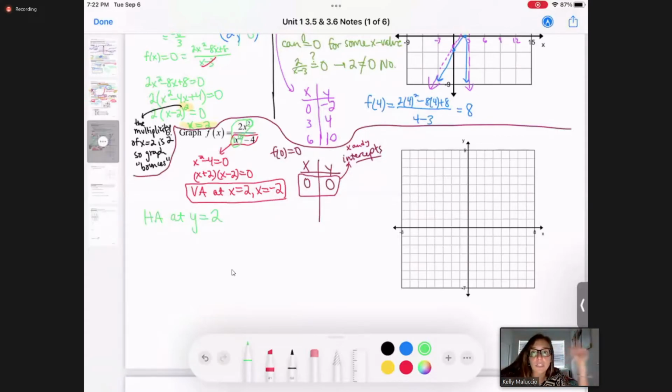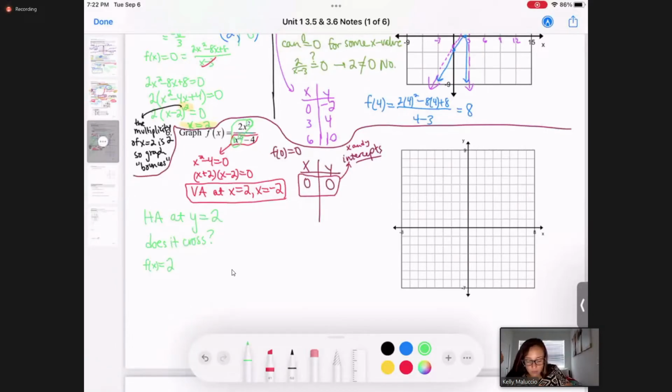So you take those leading terms and you just get the coefficients, and then to figure out, does it cross? So does it cross y equals 2? What we have to do is set f of x equal to 2 and say, is x real?